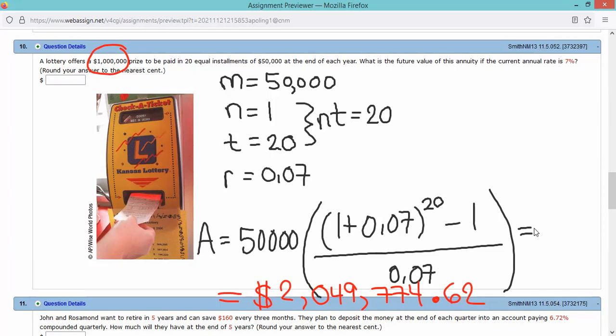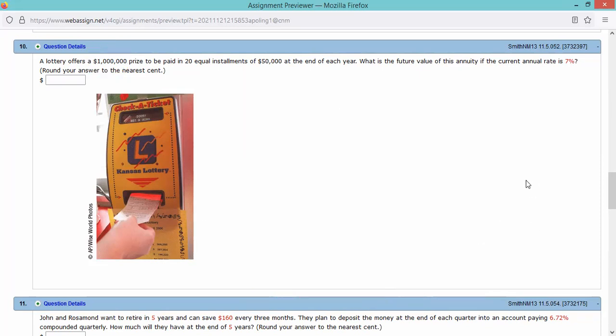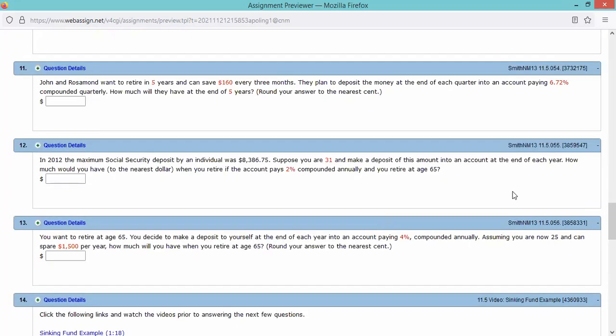Right, we just doubled. Thank you, Kansas Lottery.